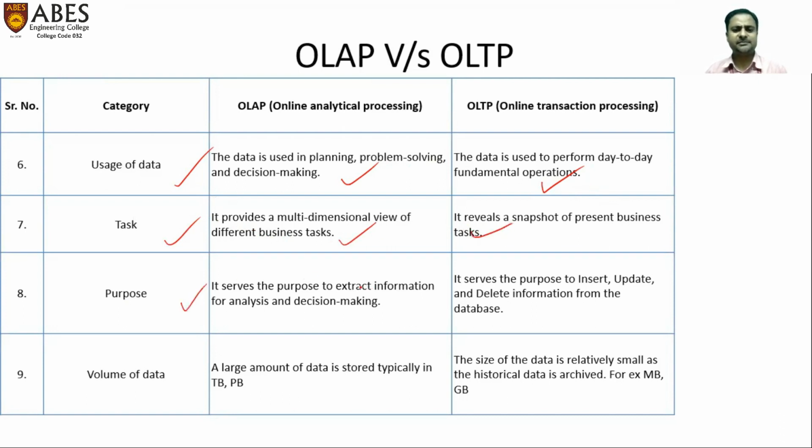In purpose, OLAP serves to extract information, and OLTP is used to insert, update, and delete information, mainly the editing of information in the database. As per the volume of data, OLAP is applicable to a large amount of data, it may be terabytes to petabytes, and OLTP is applicable in the database management system, so relatively the data size is small, in MBs and GBs.